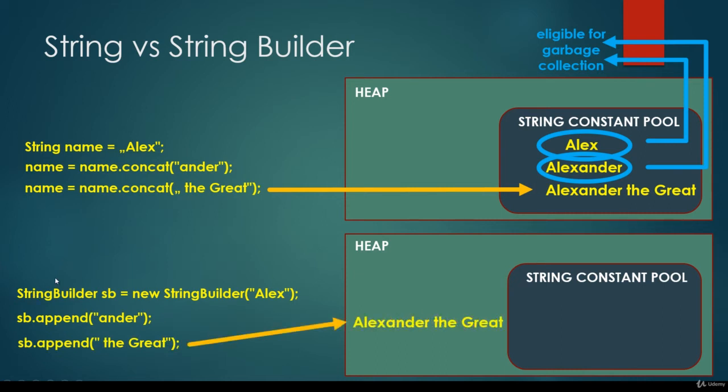This is why it is more powerful and more efficient to use StringBuilder, because as you can see, we modify and update the same object on the heap memory. Instead of creating new objects, we keep manipulating and updating the same object. And this is why StringBuilder is more efficient.